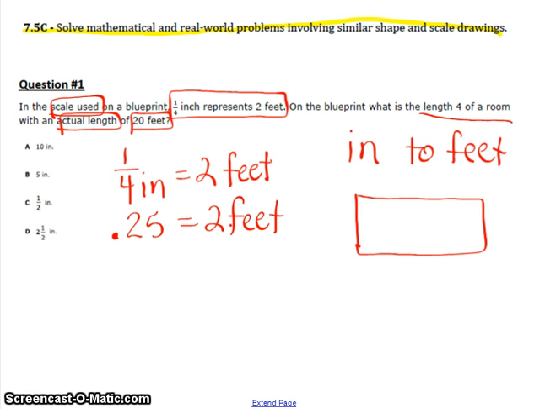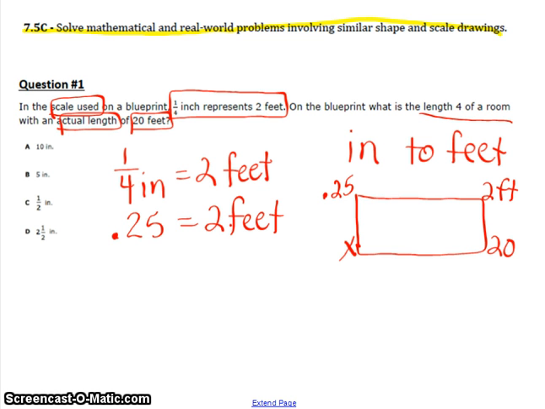You would set up the first ratio, which is 25 hundredths of an inch, is equal to 2 feet. I have an actual length of 20 feet. It would go under the 20. And I'm looking for what would the blueprint be. And so this is your proportion that you would multiply by the 2 and divide by the 3rd.